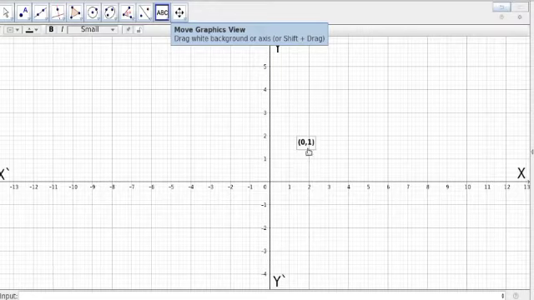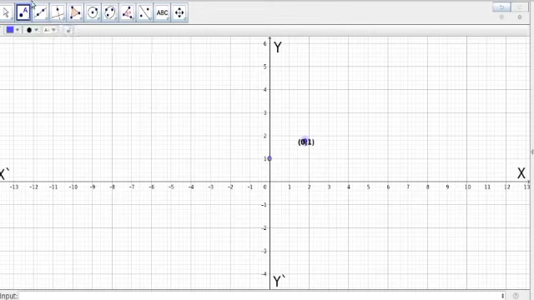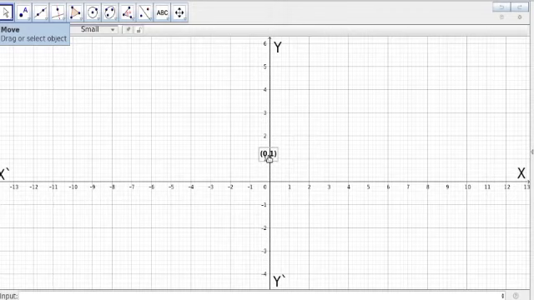That means the x coordinate is 0 and the y coordinate is 1. So the point is on the y axis. See, this is the point 0, 1.